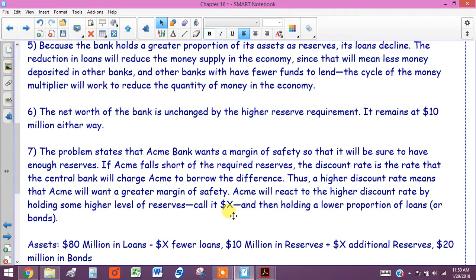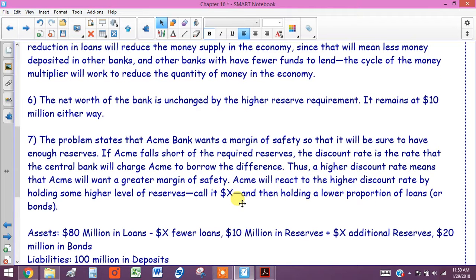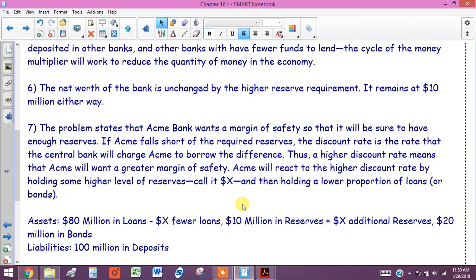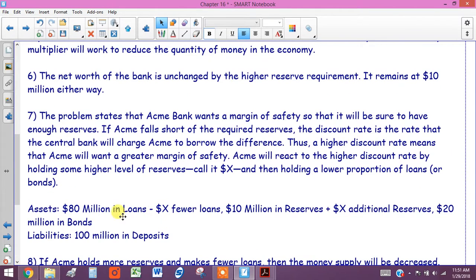X dollars. We don't know exactly what it is, but something higher than they have, and then holding a lower proportion of loans or bonds. But here we're just going to say loans, and you can also do it with bonds. So your answer could be something like that.